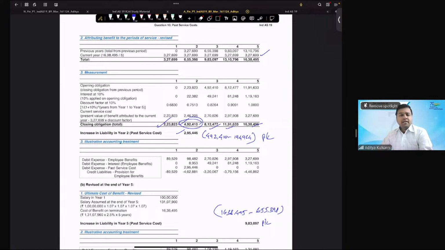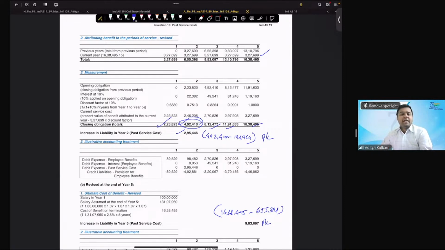In your compensated absences, you have two types: accumulating and non-accumulating. In non-accumulating, the leave does not get carried forward, and as the leave does not get carried forward, it will lapse when there is any unavailed leave. On the other hand, you have accumulated absences where there are two types: vested and non-vested.